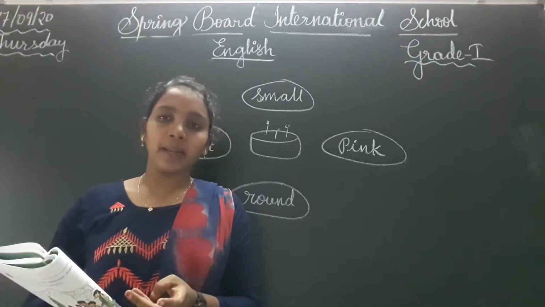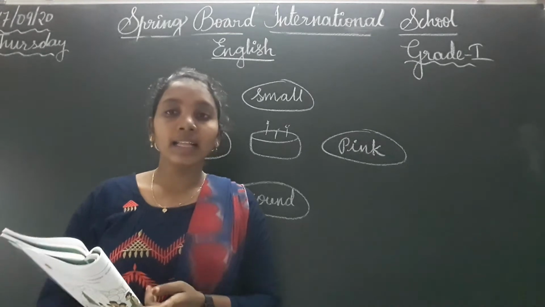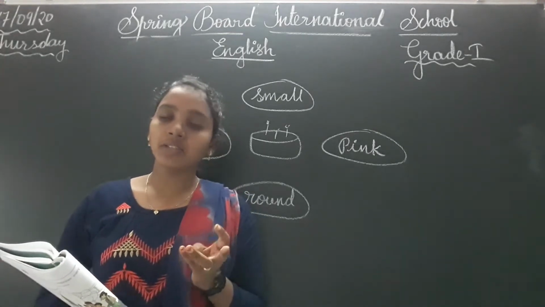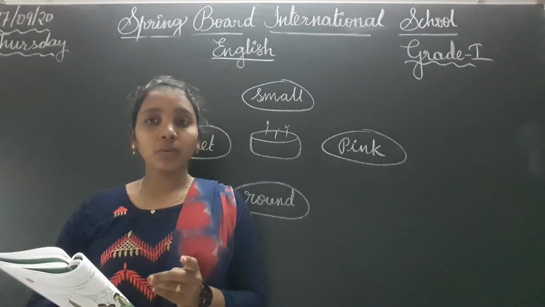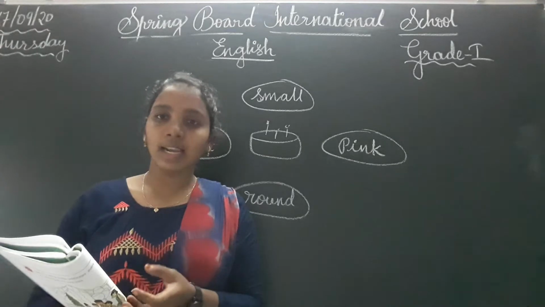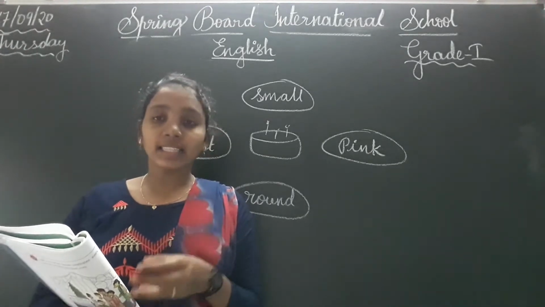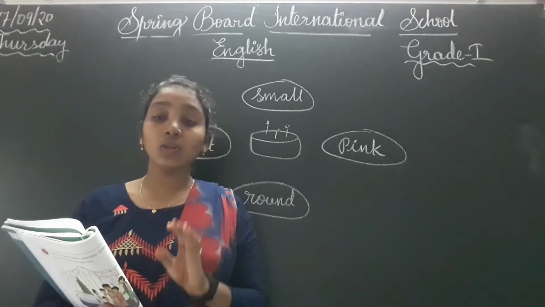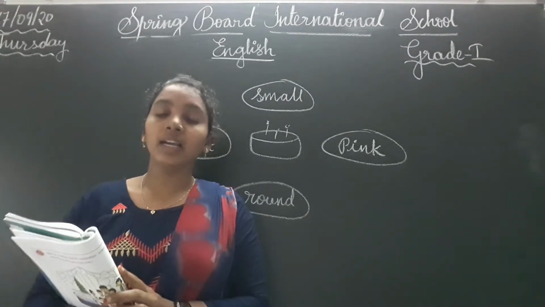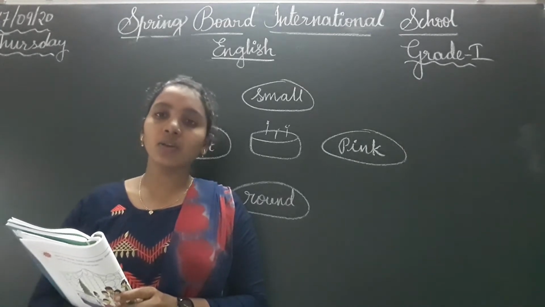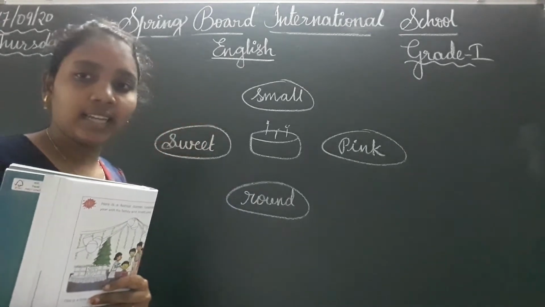A name of a place, person, animal or a thing. If you are describing those nouns as large, small, round, red, these are words you are using to describe a noun, right? Those words can be called describing words, and describing words can also be called adjectives.